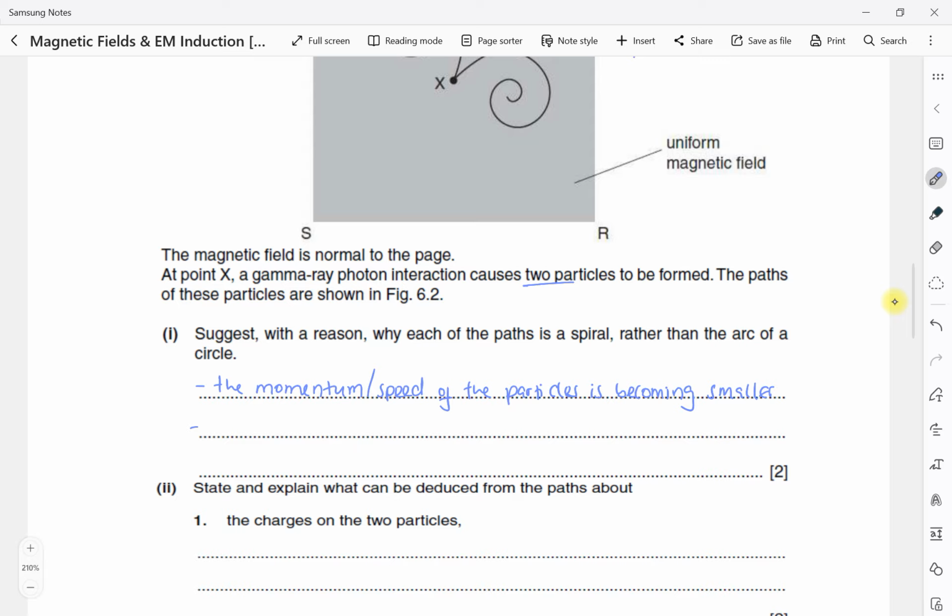This implies that the radius must also become smaller, resulting in the spiral paths as shown here.